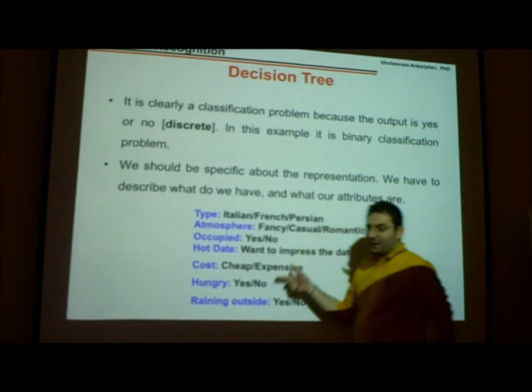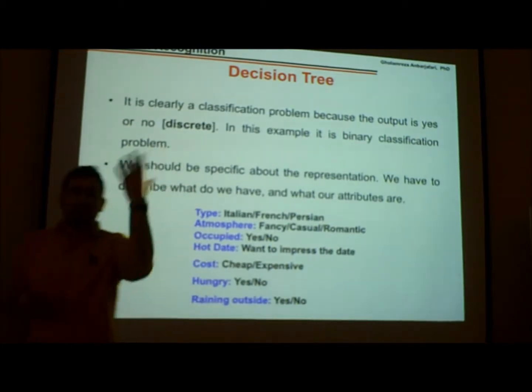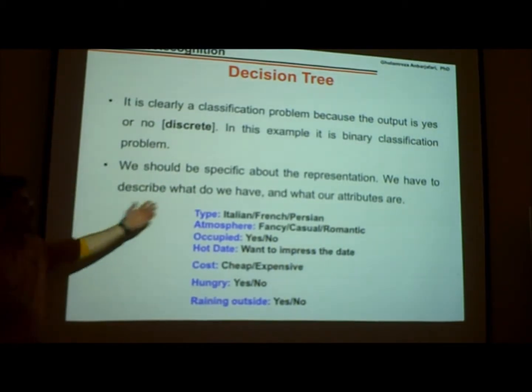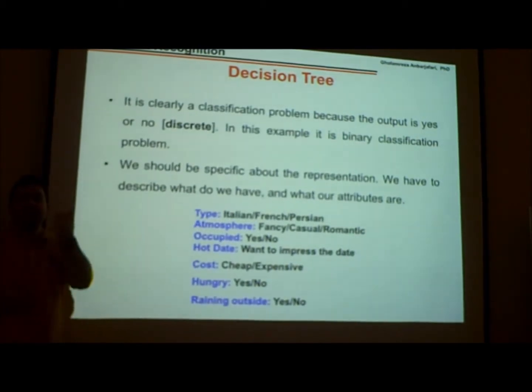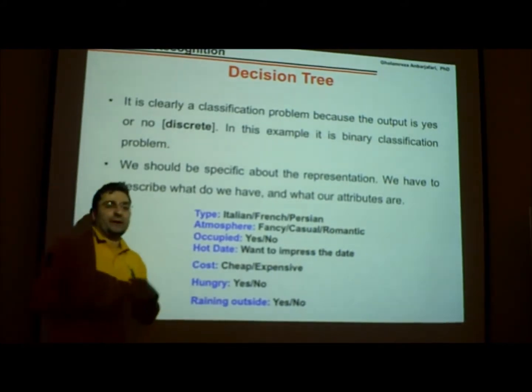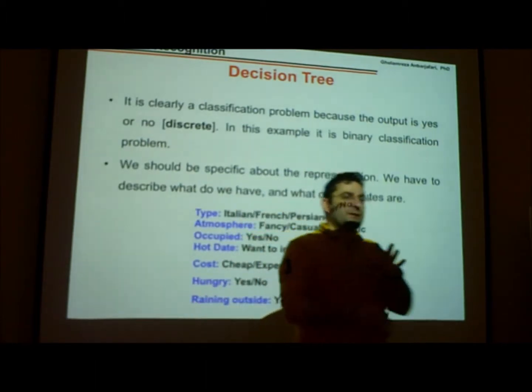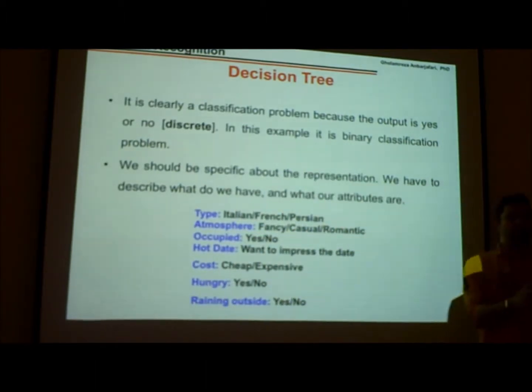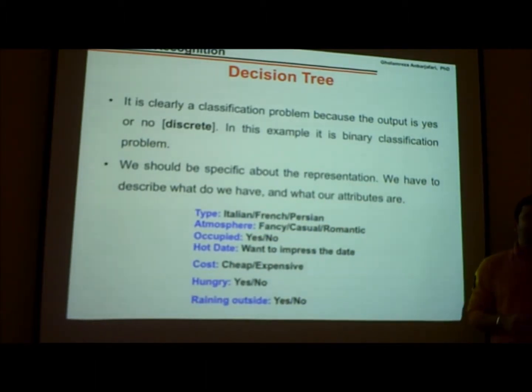What are the things that you have to consider? There are millions of things that you can think of. Like the time. Time can affect whether you want to go to a restaurant or not. And the atmosphere, if it is a fancy restaurant, or a casual restaurant, or a romantic restaurant, it can affect whether you want to go there or not.